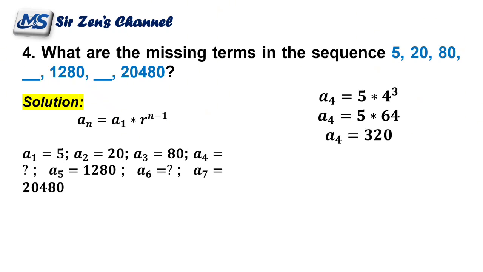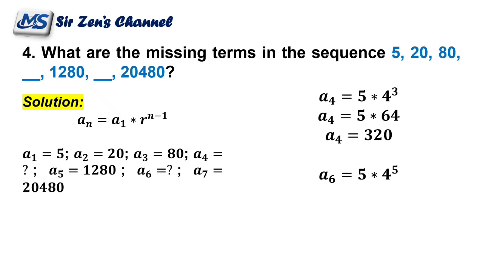We also want to get a sub 6 because that is also one of the missing terms. Then let's apply the formula again. Just substitute the given values. A sub 6 is equal to 5 multiplied by 4 to the power of 5, because 6 minus 1 is equal to 5.